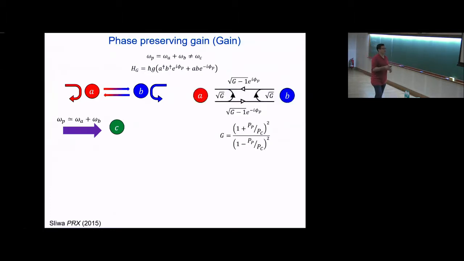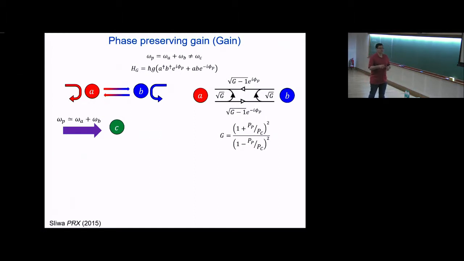And if you drive this system, then you get an amplifier that amplifies anything incident on port A in reflection, same in port B, and sends what's called an idler copy across the amplifier with a gain root G minus 1, and again this non-reciprocal phase factor determined by the pump phase.